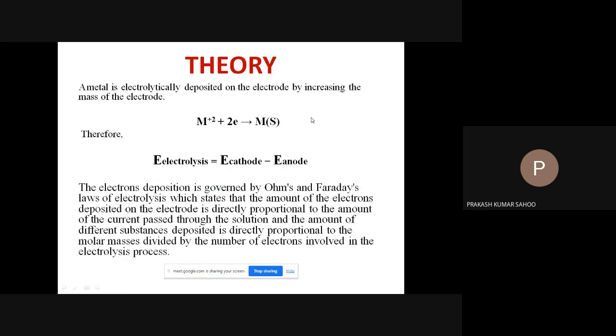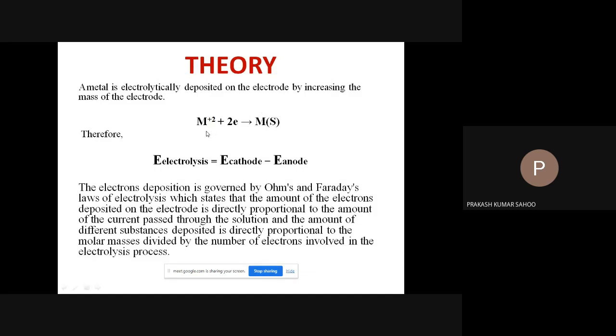And what is the theory behind your electrogravimetry? Here, as I already said, according to the new rule of IUPAC, we have to follow the reduction reaction of every electrode to establish the reaction as well as the mechanistic approach of the process.